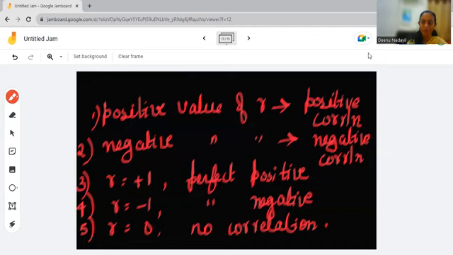If you are getting the answer as 0.99, what will be your conclusion? There exists higher degree positive correlation between the variables, because 0.99 is nearing 1. If your answer is -0.99, then you will say that there exists higher degree negative correlation between the variables. So interpretation or conclusion also you have to write.